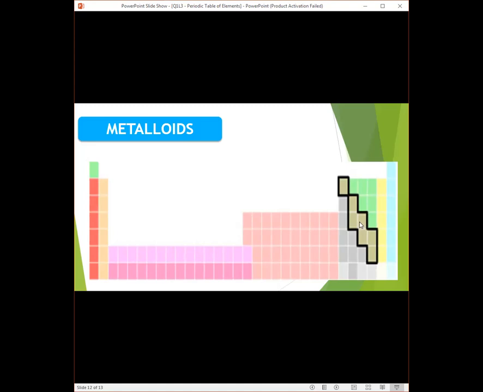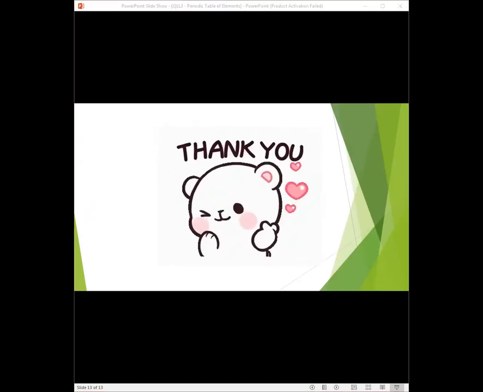So as you can see, they are between metals and nonmetals. Now, those are the different things that we could consider when we talk about the periodic table of elements. Regarding the development of the periodic table of elements, those ideas will be discussed in the next grade levels.